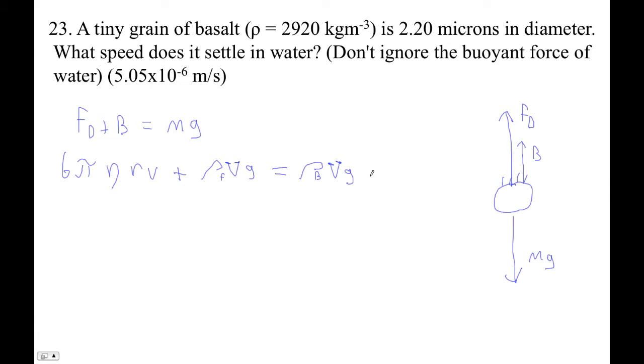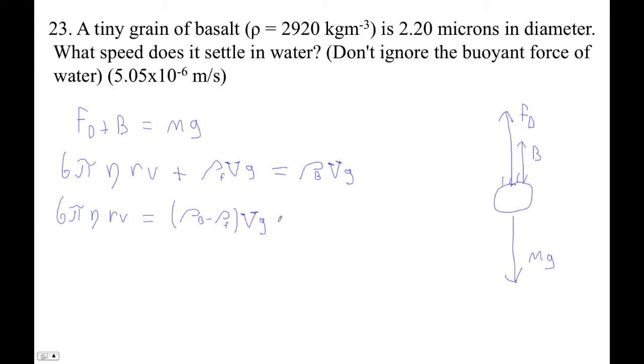Now, I like to rearrange it this way and put these together, write it this way, 6 pi viscosity R V equals, and then I can do a little subtracting here. I can go the density of the basalt minus the density of the fluid, in this case the water.